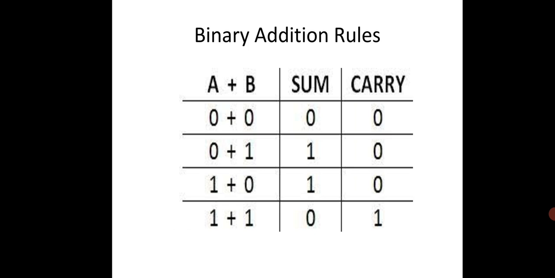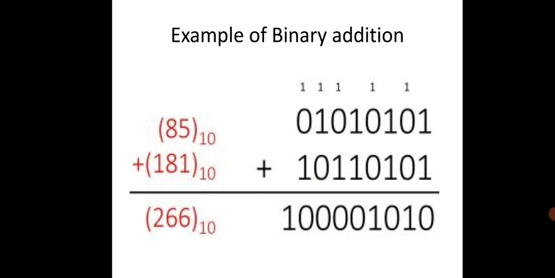The third rule, it is 1 plus 0, the sum will be 1, carry will be 0. And the last rule, if A is 1, B is 1, then 1 plus 1, it is 0, carry will be 1. Now we will see the example for the binary addition.